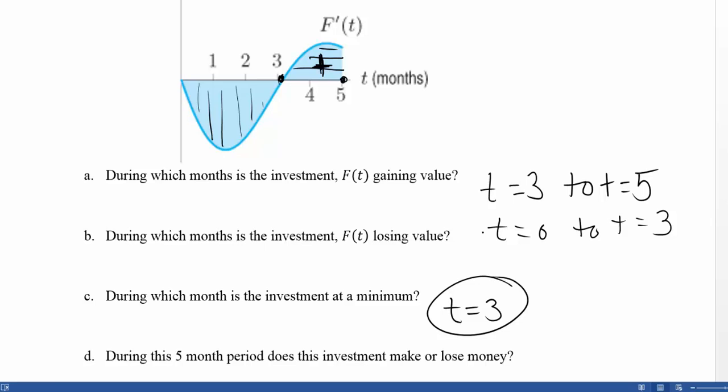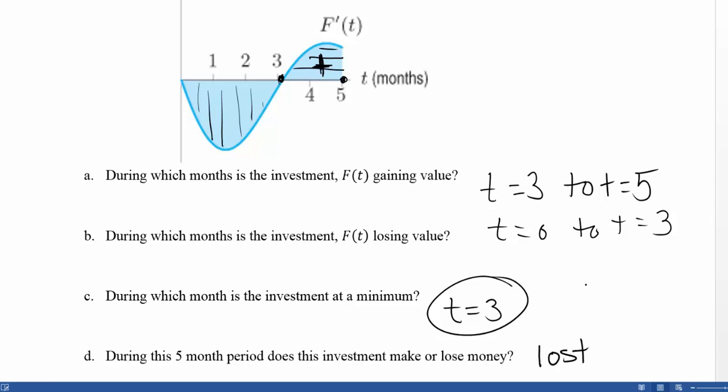Part D wants to know, during this 5-month period, does the investment make or lose money? So it doesn't matter how much money you started with. What we want to know is what happened over this 5 months. And what you really need to recognize here is that more of the area is below the x-axis than above, which means that the amount that we declined was more than the amount that we increased, which means that overall we lost money.